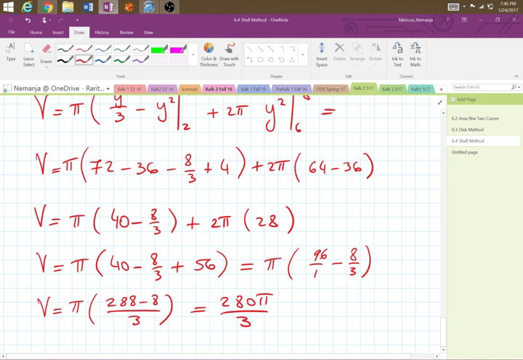So for this particular setup, we have graphs and functions. We have disk method, single integral, shell method, 2 integrals. If the tables are turned, you might have two disk integrals, 1 shell. It can be any combination.